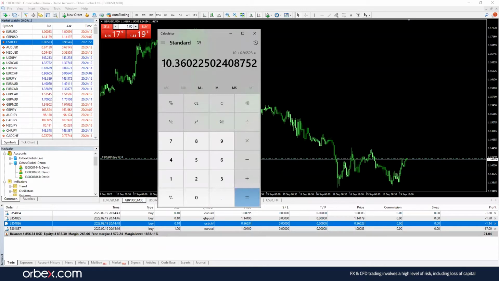So we can see that for euro dollar and for pound dollar, the pip value is always $10 fixed. For dollar Swiss, because we have a small calculation involved, at the moment it's $10.36. Okay, so remember this number, $10.36.